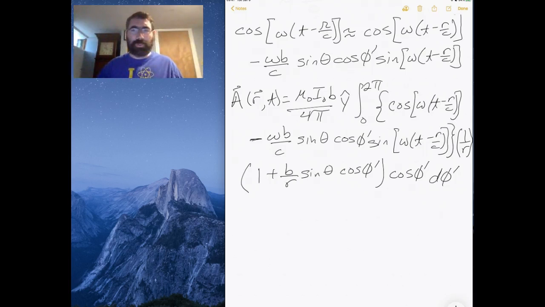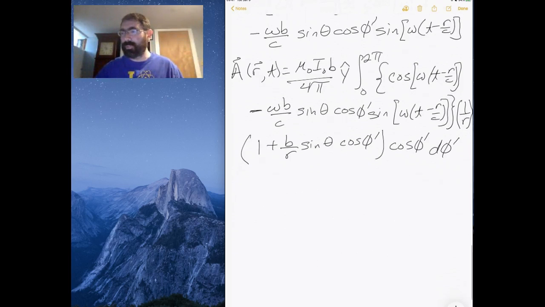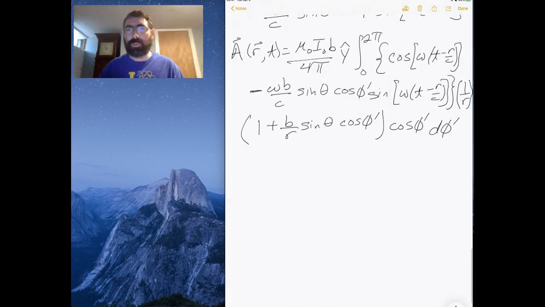Okay, so let's work on some of these terms. We have a bunch of terms because we have a lot of parentheses to multiply through. We can factor the 1 over r out of the integral. So let's just attack it term by term.